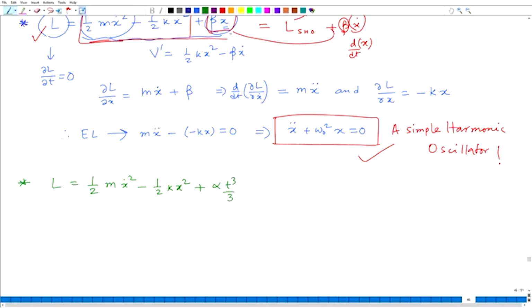Now, you see what will be your observation. Again this is the Lagrangian, I now have a good name for this, L SHO. So, this is the Lagrangian of the simple harmonic oscillator plus something, again the same business, and that plus something, what will it do, that we do not know.